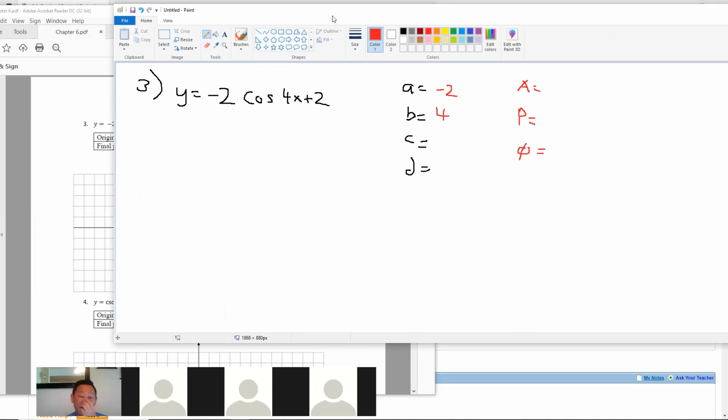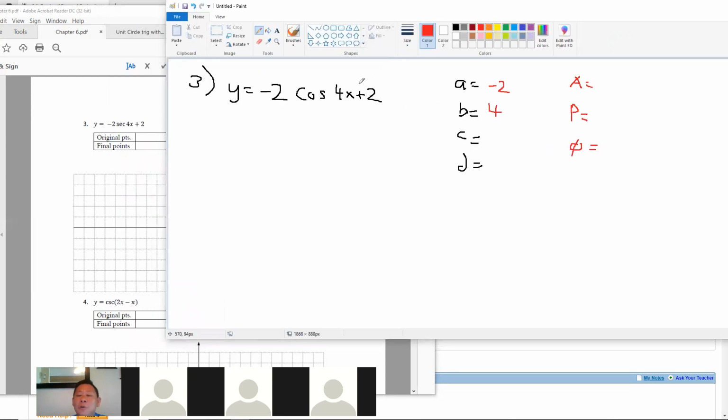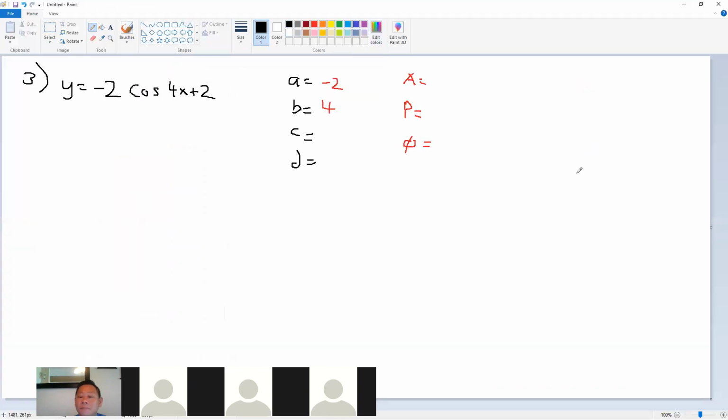If this doesn't have a parenthesis, what does this 2 mean? C or D? That will be your D. So that means we don't have a C here, because the parenthesis is only on the 4x.